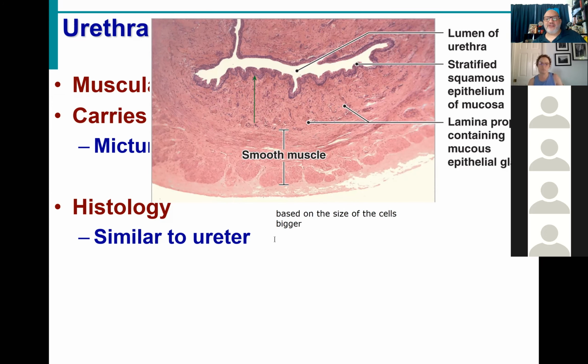Notice also that in the orifice, in the opening or lumen of the organ, there are more invaginations. To the urethra, there's more expansion of this urethra that can occur. So we see much more of these folded invaginations in the urethra than we do in the ureter. Notice it has a much larger lamina propria, or thicker.